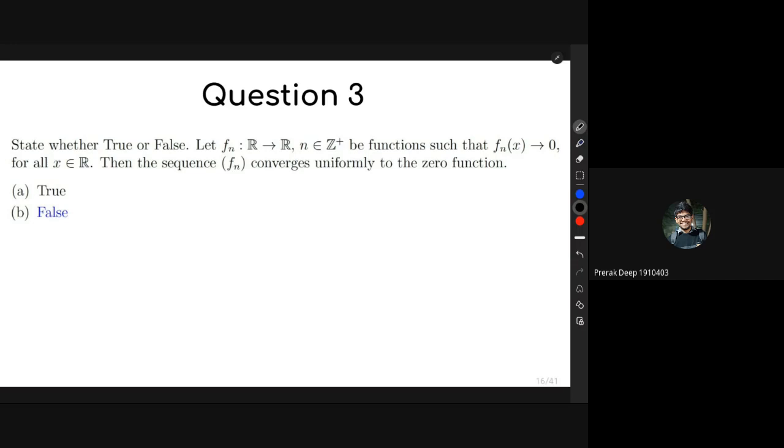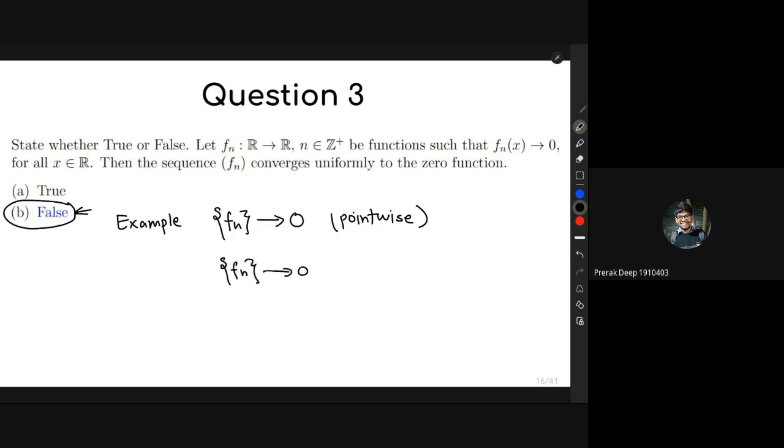So this statement is in particular false, and in order to say why it is false, we need to give an example of a pointwise converging sequence of functions to the zero function that converges pointwise but doesn't converge uniformly.